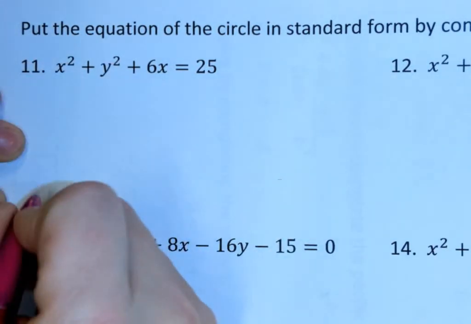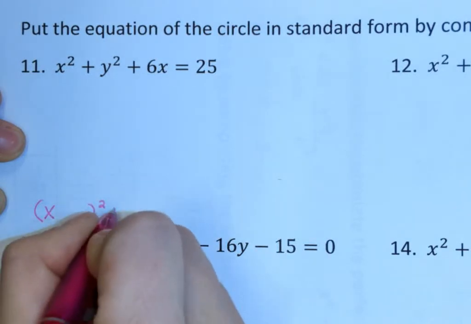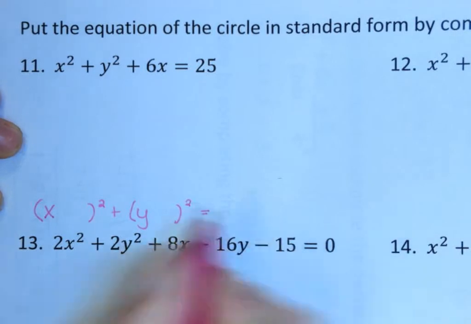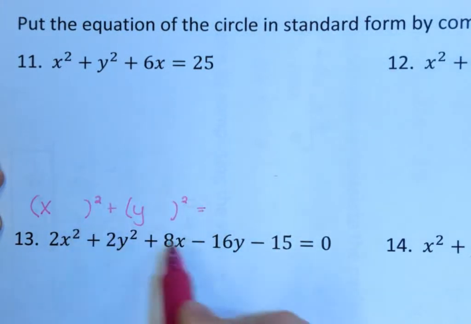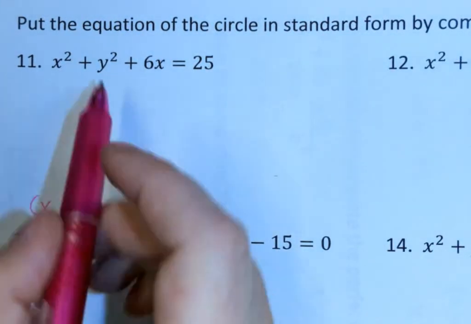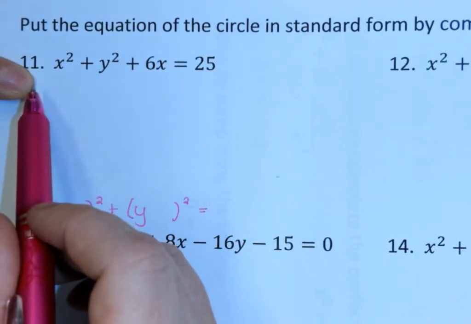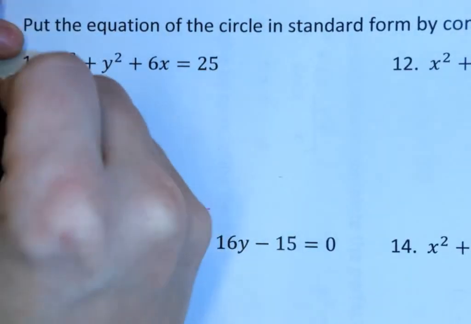Now remember, our end goal here is to get x with something squared plus y with something squared equals some number. That's where we're going. So using this as clues as to where I want to go, let's start by getting the x's together and scooching the y over so that we have them set up nicely.